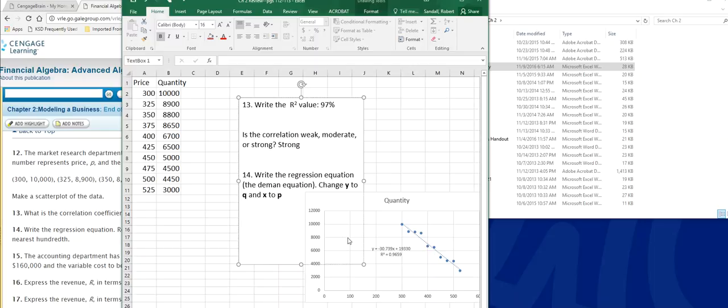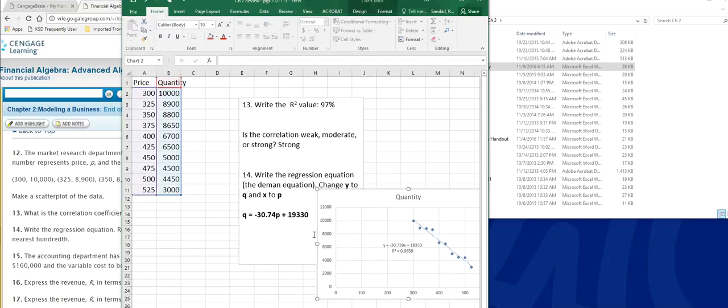Instead of y, we're going to type a Q, and that equals negative 30.74 P plus 19,330. And that becomes your demand equation that you're going to use later on in this problem.